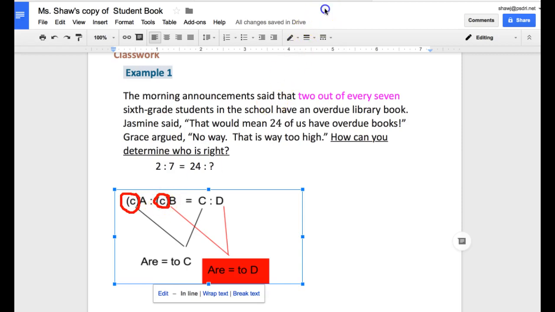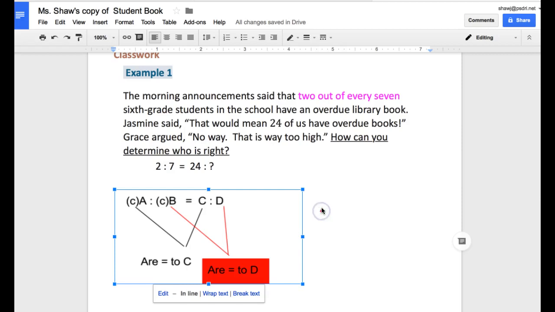So if we have 2 numbers in a ratio, we multiply both of them by the same number, then the next 2 numbers we'll get, the new capital C, would be the same. So for example, A times c will equal this capital C. B times a lowercase c will equal this capital D. And if that is true, then it is an equivalent ratio.